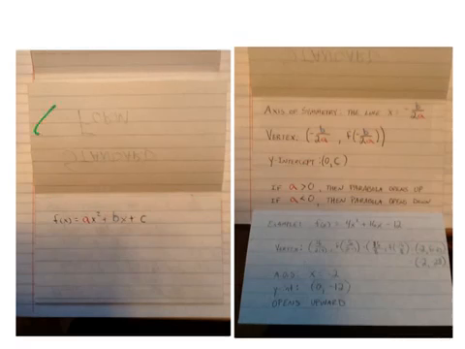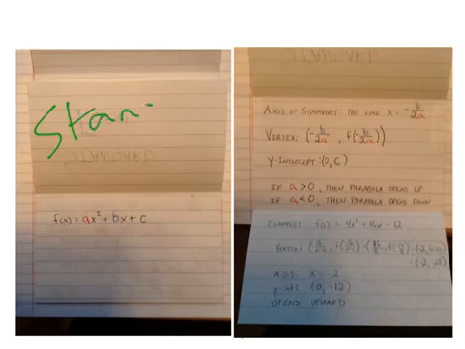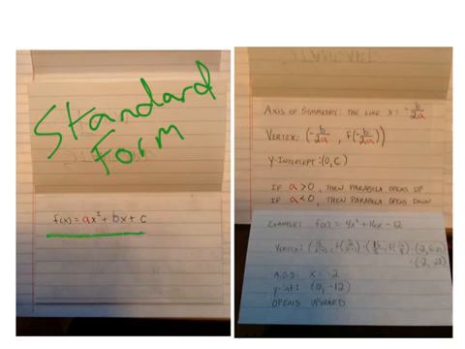When we go to the standard form, what we have here is the standard form of a quadratic equation. f of x equals ax squared plus bx plus c.